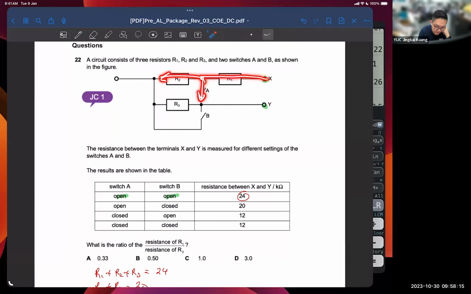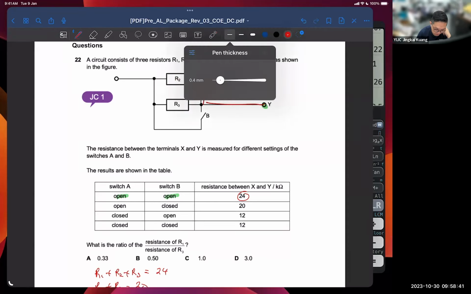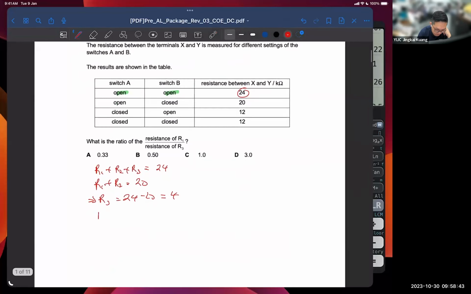This path here is a short circuit, so the current will go through there because it is the path of least resistance. So you just go through R1, come down to A, then back to Y. You bypass everything. It's just R1. So from here you can write R1 is equal to 12 ohms.